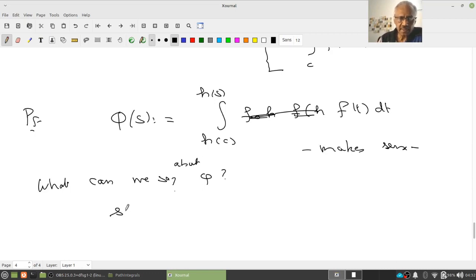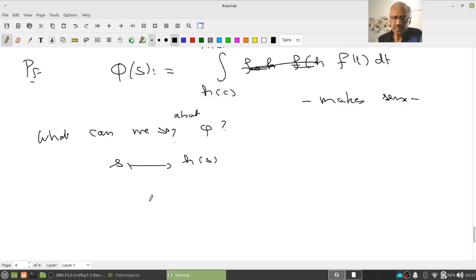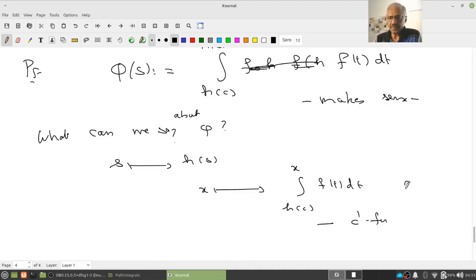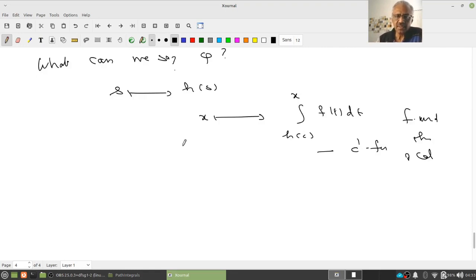Notice that s going to h of s is a C1 function, and x going to the integral from h of c to x of f of t dt is also a C1 function. This is by the fundamental theorem of calculus, whose derivative at x is f of x. We had already seen it. Therefore phi is a composite, therefore phi is C1.